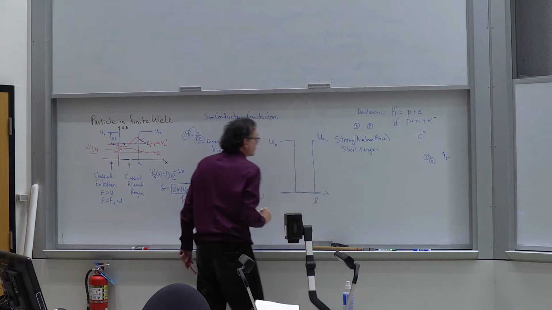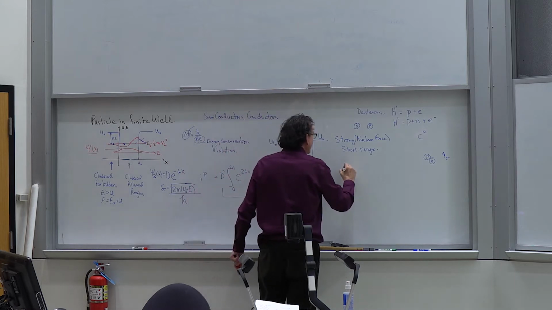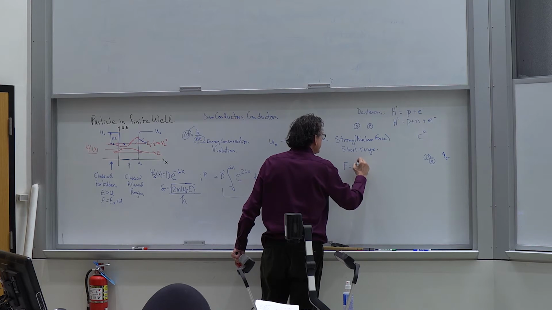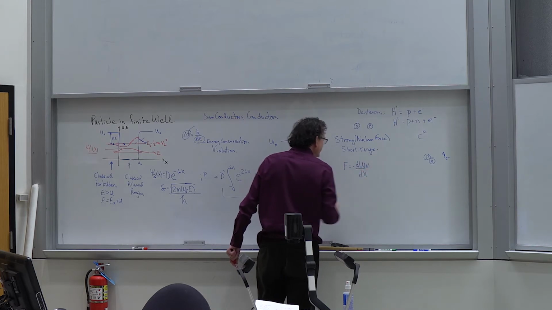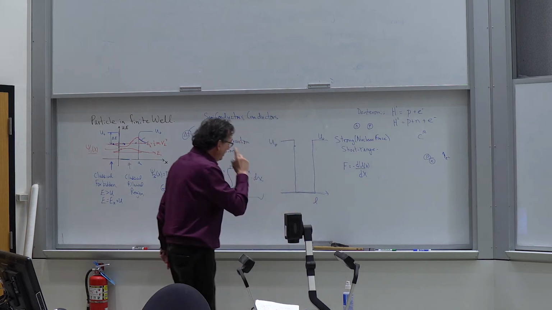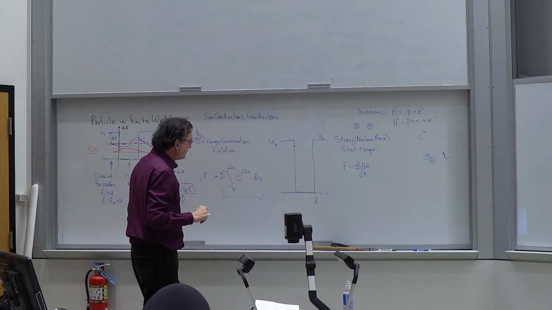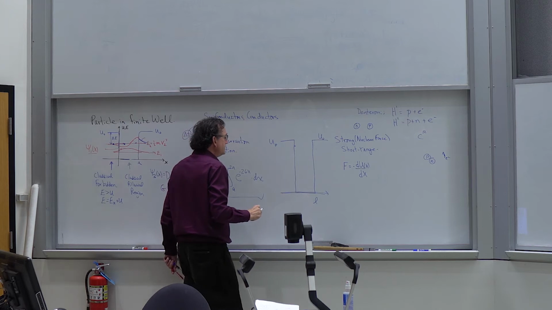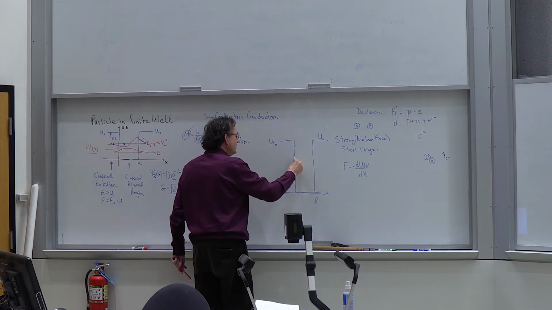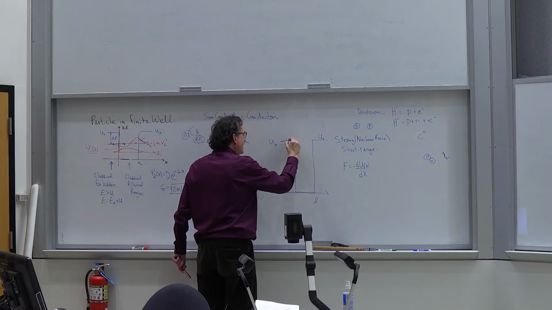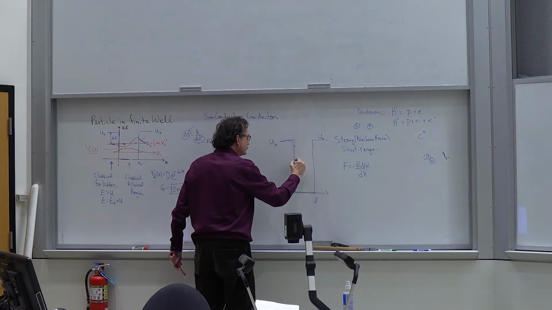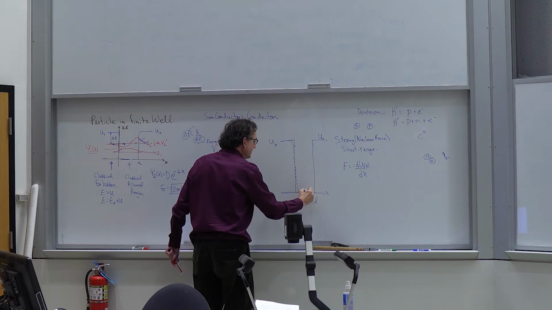Remember we said that the force on an object is equal to the negative derivative, dU by dx, of the potential with respect to x. So the slope of this function, if I were to approximate this by a more gradual function, looks something like this, right?